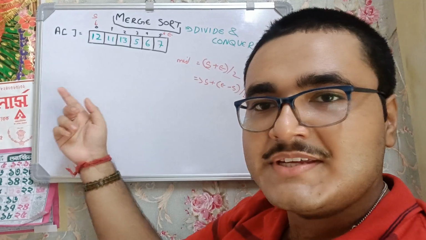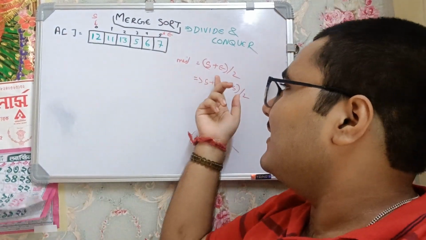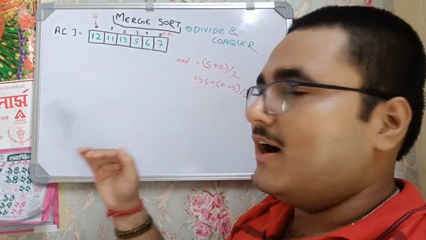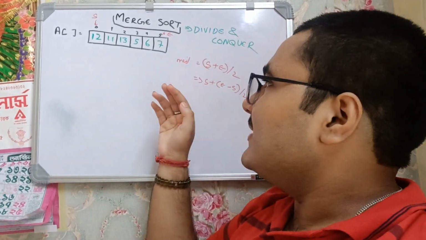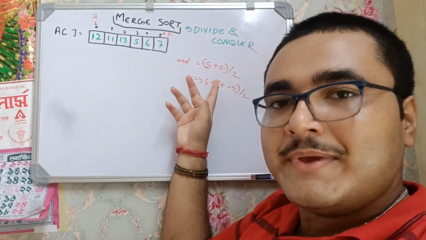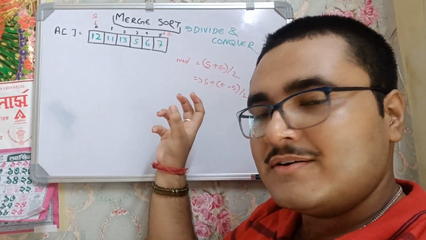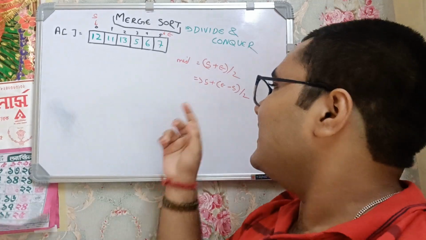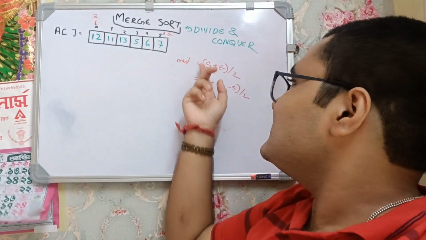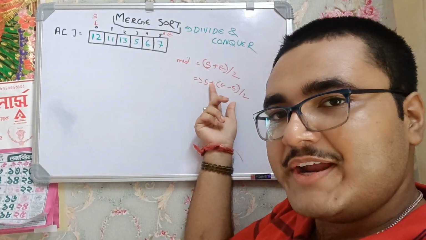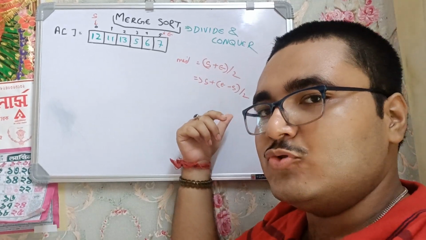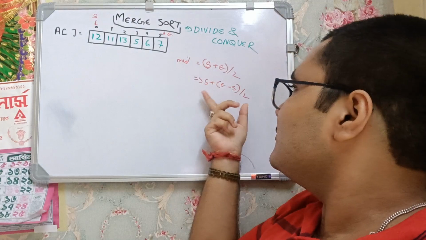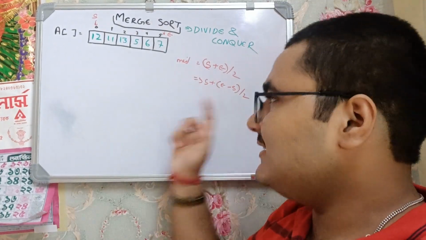If the array is of integers and the total value of start plus end crosses the range of the integer, that will cause a problem during runtime. That is why we consider subtraction from the end and then divide by 2. This is just a normal mathematical derivation, so we get this other formula.